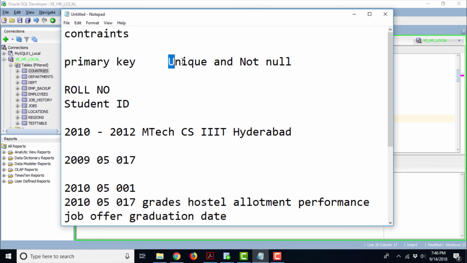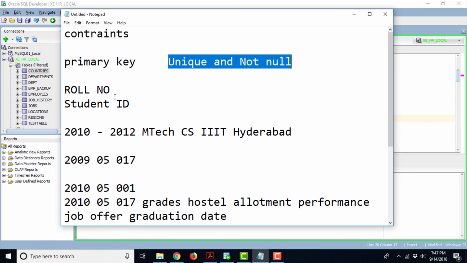And the key has to be unique, otherwise there will be a lot of confusion. If many people share the same unique identification number, it will be very difficult for the person operating that database to understand what record or data belongs to whom. So a primary key always has to be unique and not null.